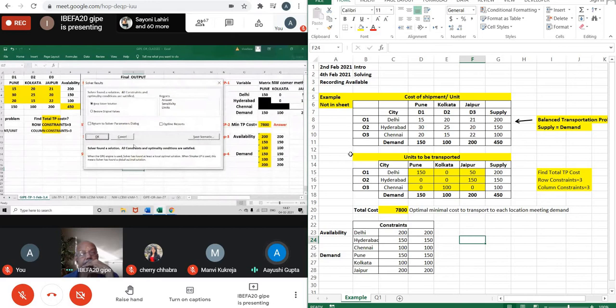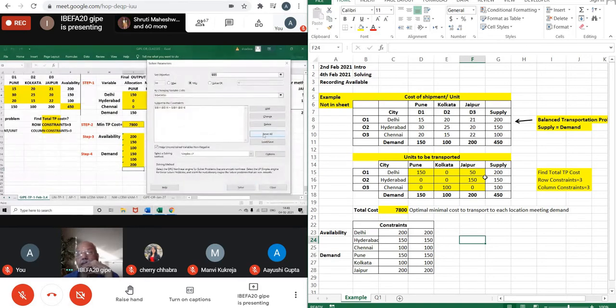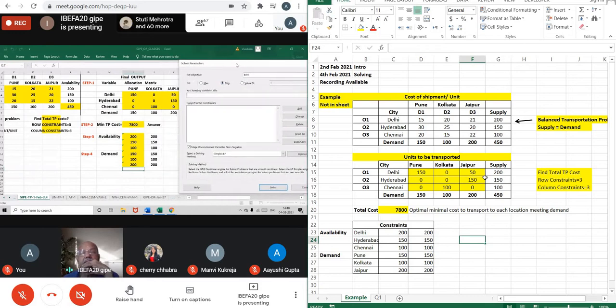Can you just show and add the constraint again? Yeah. My objective function will be minimum total transportation cost. That should be minimum. And my variable is nothing but allocations.